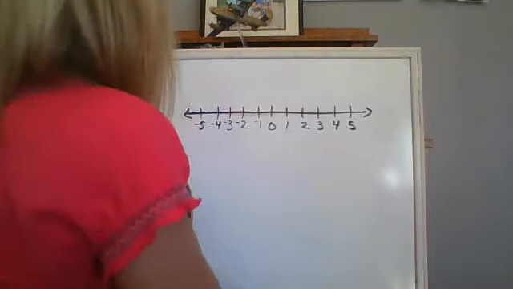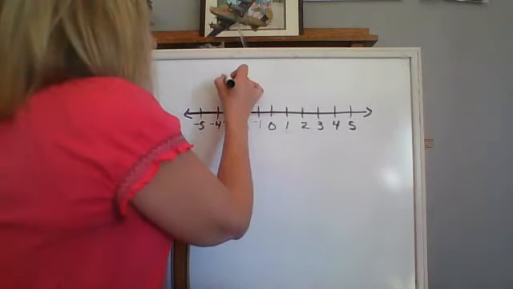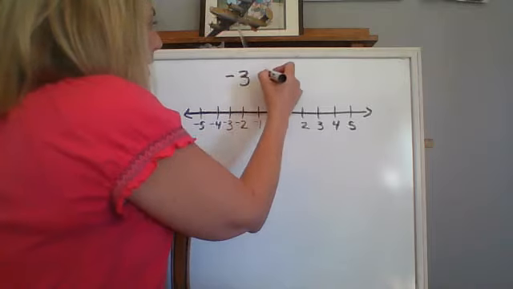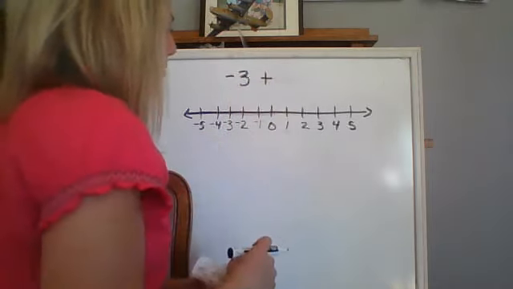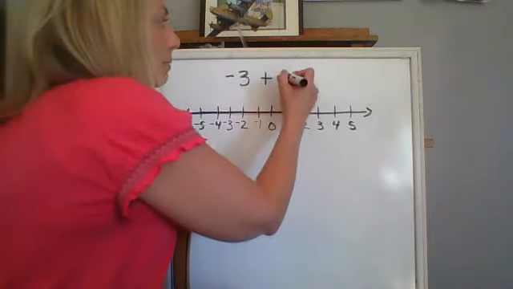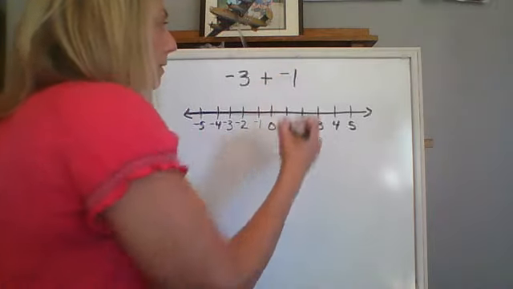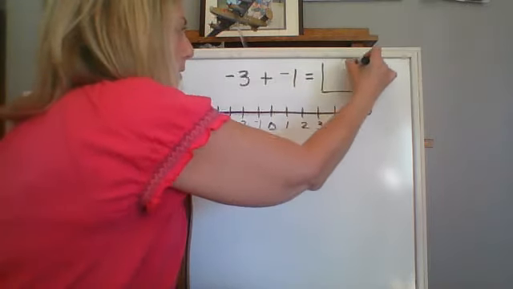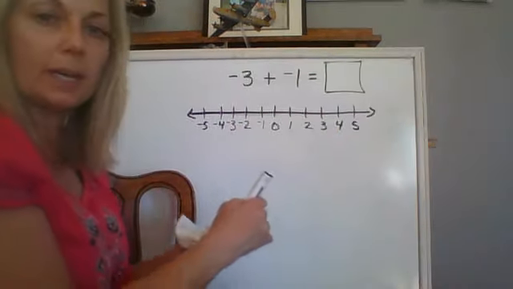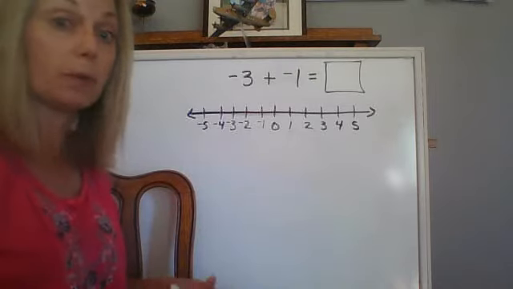Okay, so let's say that I have -3, and I'm going to add to it -1. On a number line, it looks a little bit different. If I was using beans, it would make much more sense.